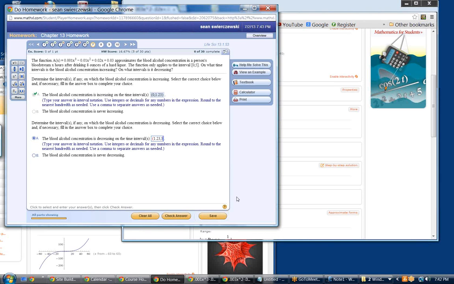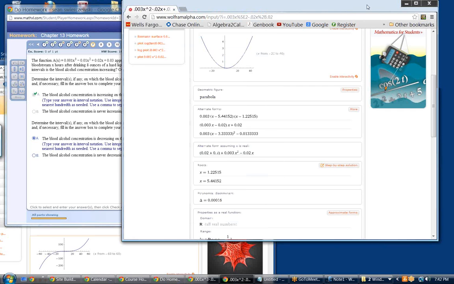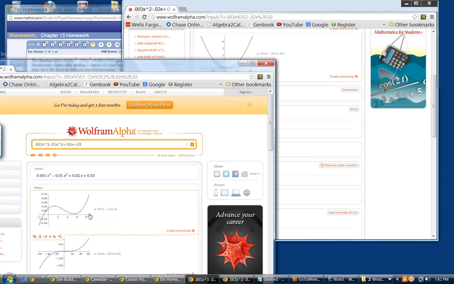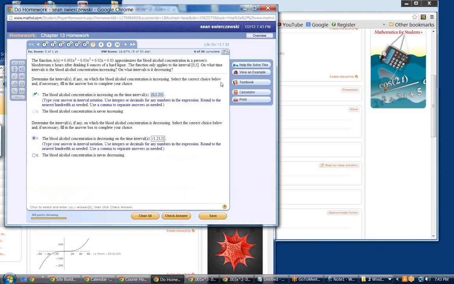Now the only question is, do we use a bracket? I would try the bracket first, and then if that doesn't work, would it be never decreasing? No, it clearly is decreasing. If we look at this chart, look, it's decreasing right here. From there to there, it's decreasing. This is the function. The question is that it says this function only applies on the interval 0 to 5.